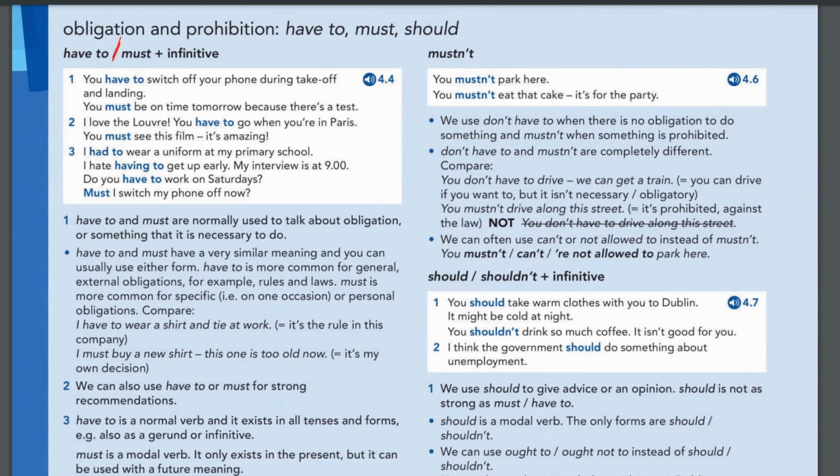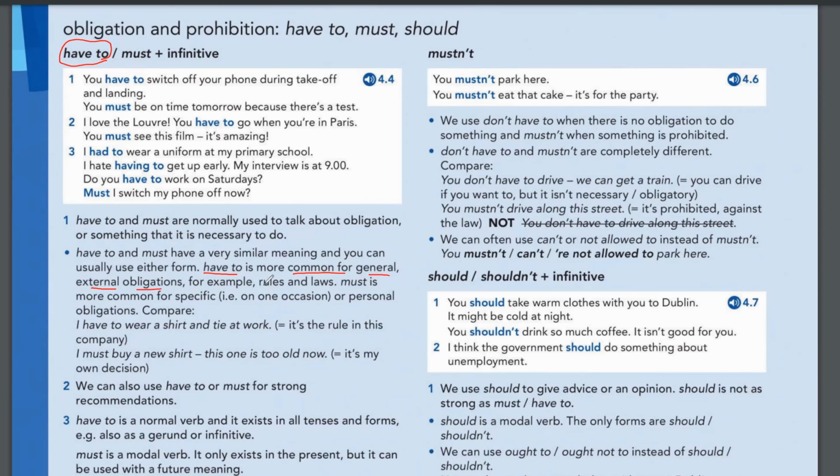But if you really want to know the difference, from my point of view, I would say have to is much stronger than must, because have to, we use it when we talk about something important and it is not your opinion. Have to is more common for general external obligation.